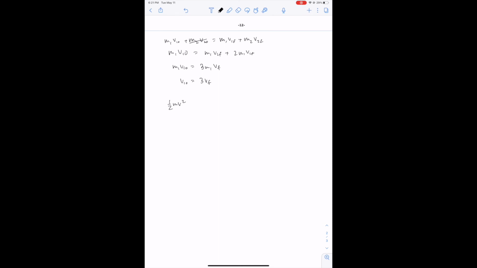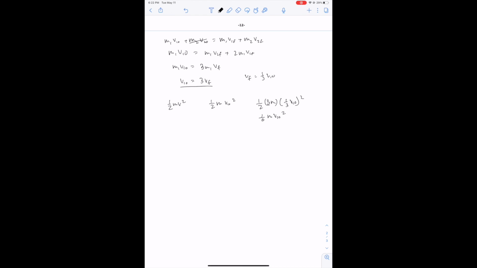And since we found in the equation above that v1 naught is equal to 3v final, or v final is equal to 1/3 v1 naught, we're going to be able to say that the equation of the first system is going to look like 1/2 m times v1 naught squared, while the equation of the second is going to be looking like 1/2 times 3m times 1/3 v1 naught squared. And this will simplify out to 1/6 m times v1 naught squared.